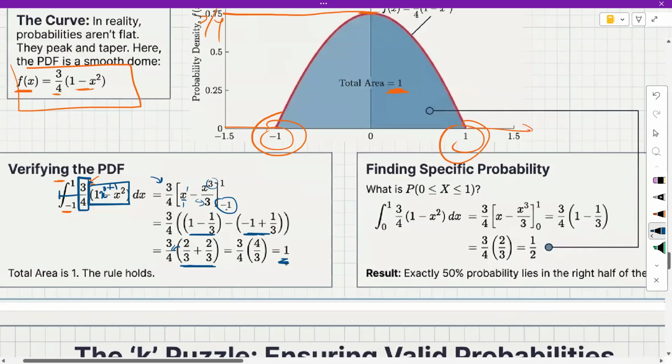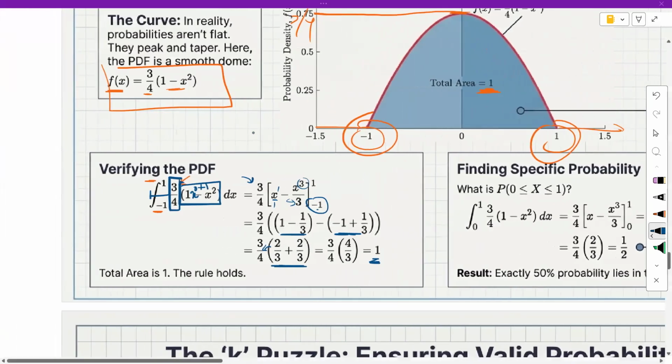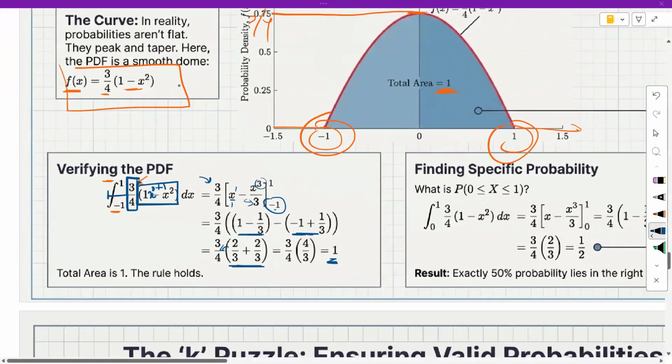Total area is 1. The rule holds, so this is a probability density function. We can use the calculator as well to prove this.